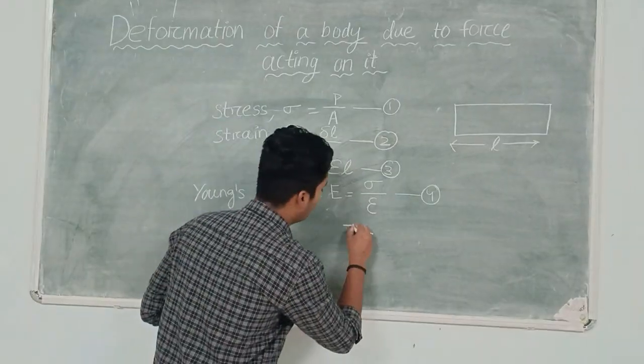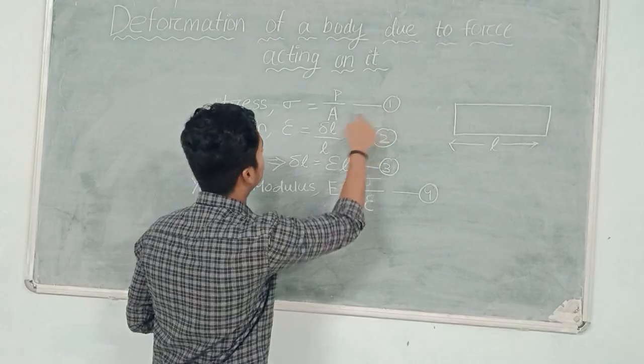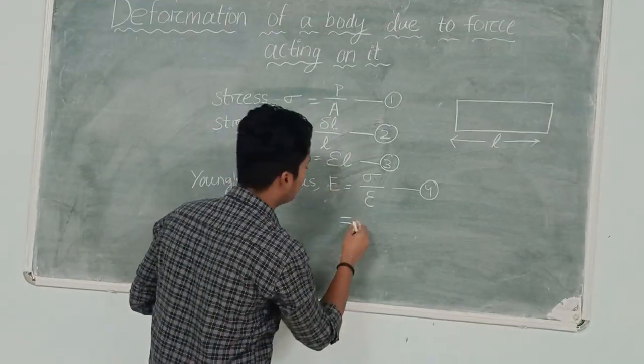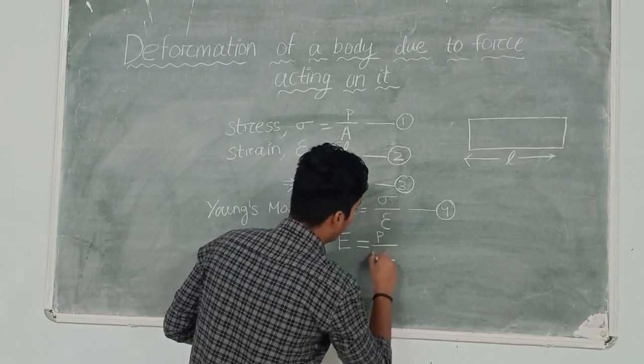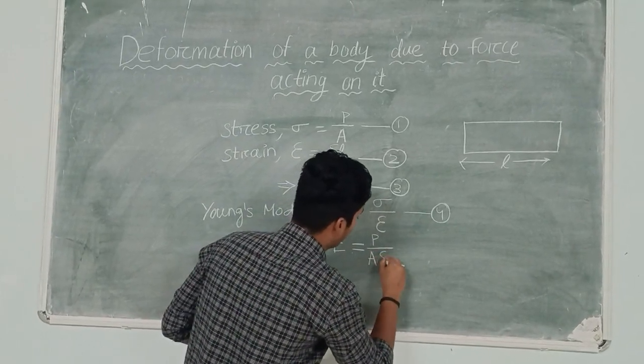And now we put the value of sigma from equation number 1 in equation number 4, that is E is equal to P by A over epsilon.